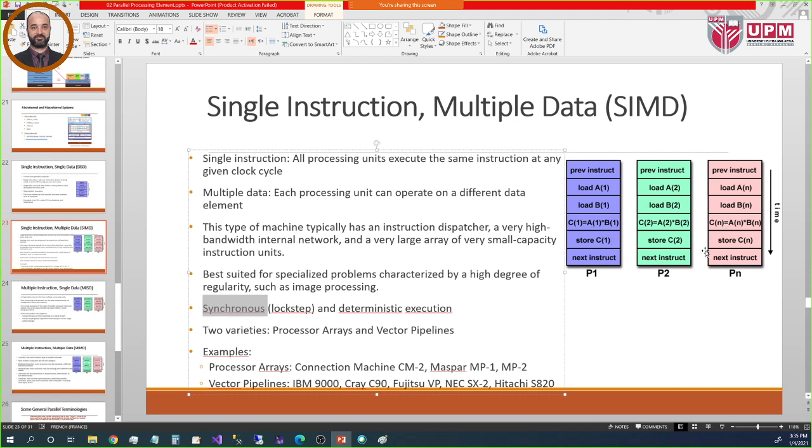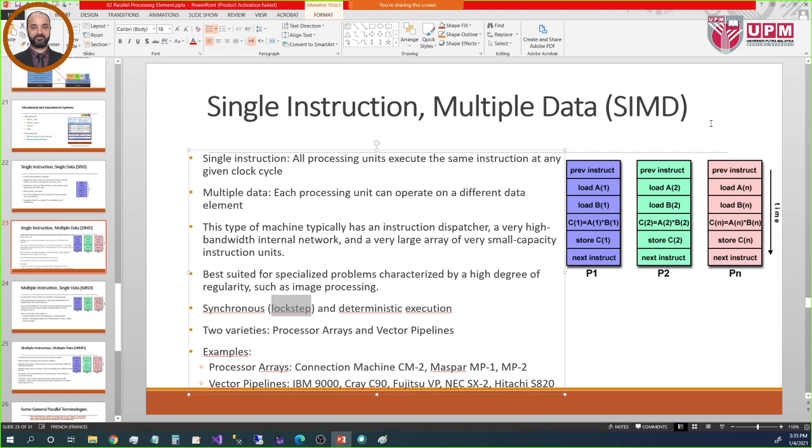That's why for synchronization purposes they implement something called memory locks or resource locks. This kind of lock has a very big issue called deadlock, which could happen very commonly over this architecture. Two varieties here: processor array and vector pipelines.